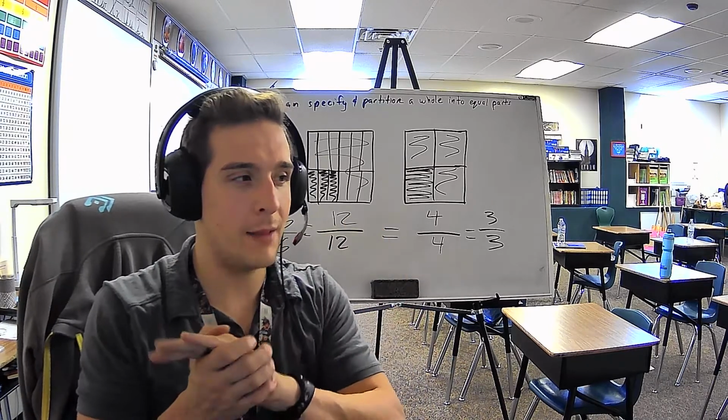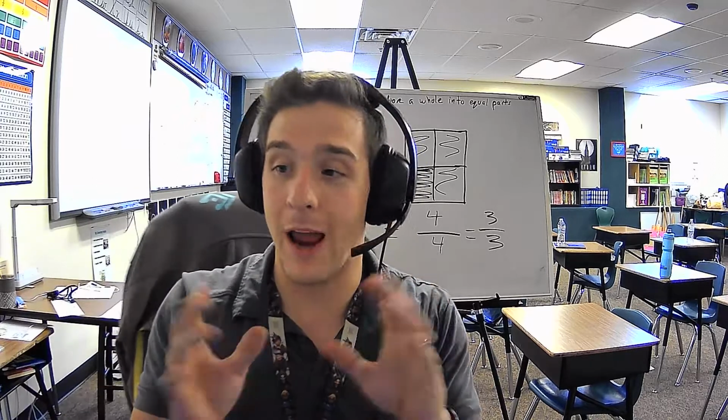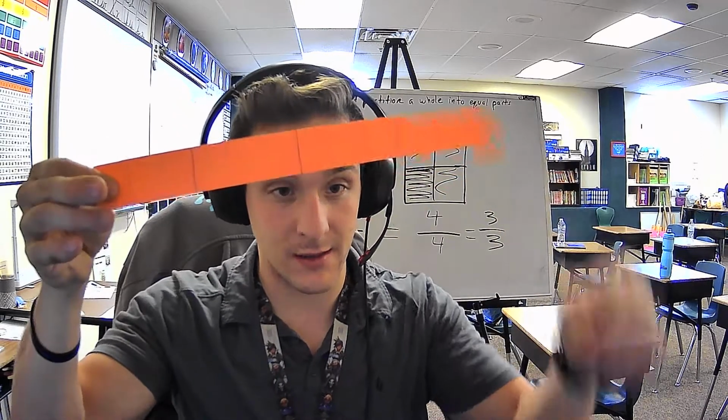Remember how in multiplication and division, which we still are in the realm of, every single group has to be the same size. Same thing here. The whole. If I'm talking about a whole, it must be the same size for each of its wholes. So I am not going to compare this piece of paper to this piece of paper.